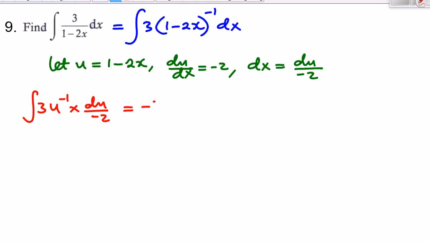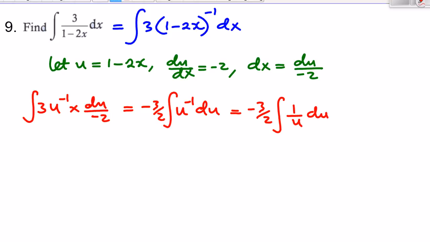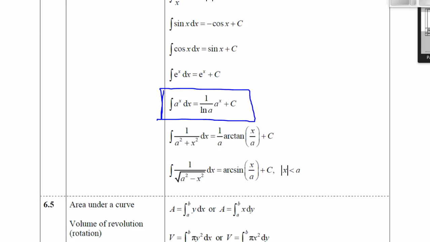Like I said previously, if you have constants, take them outside the integral sign. So you'll end up with negative 3 over 2 integral of u to power negative 1 du. And just write this properly: negative 3 over 2, 1 over u. There's a reason why I'm writing it like that. Now, how do you integrate 1 over u? We go back to our formula booklet.